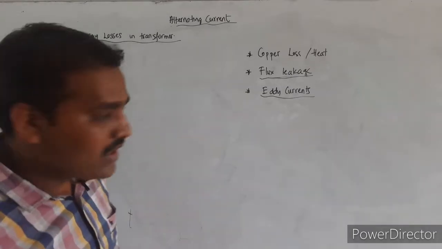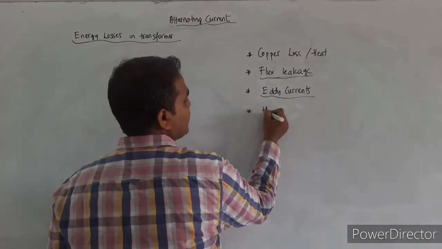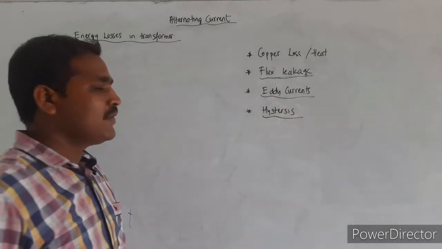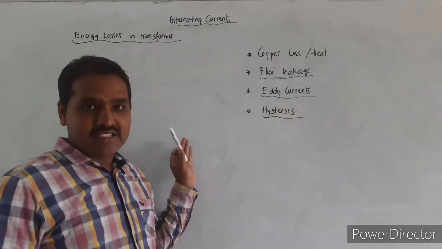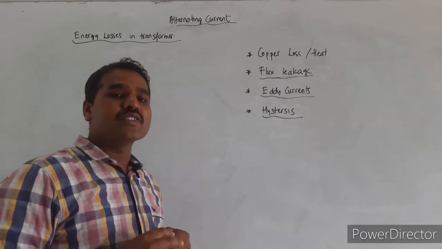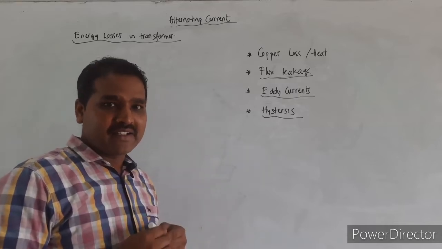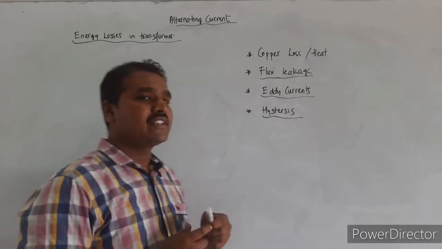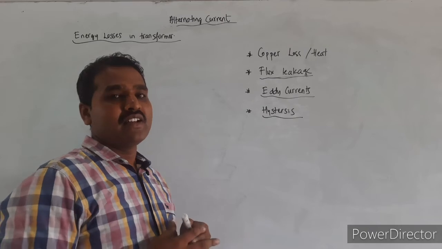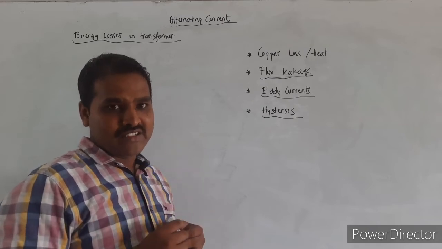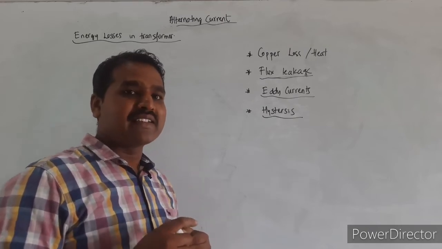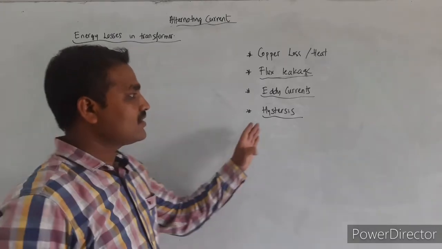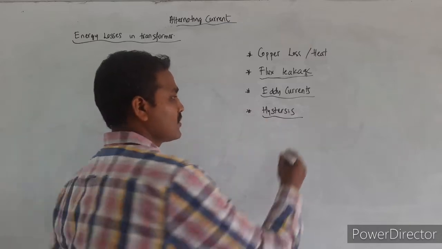Then we have another important loss, that is because of hysteresis. Whenever we are transmitting energy using a transformer, there is continuous magnetization and demagnetization of the primary and secondary coils. Whenever there is magnetization and demagnetization, definitely there is some loss of energy.